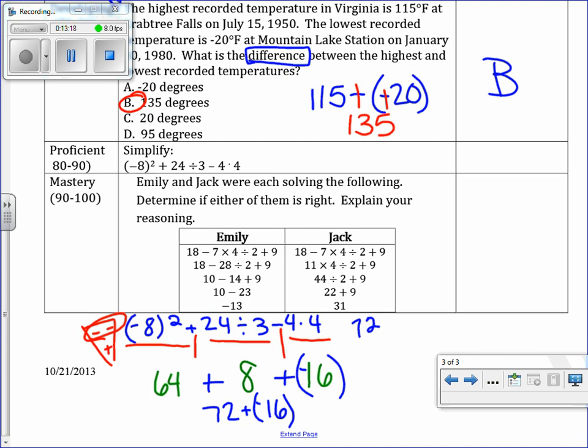And if I'm adding a positive and a negative, I'm actually subtracting. I'm going to have to borrow 1 from the 7, change that to a 6, make that 12. 6 from 12 is 6, and 1 from 6 is 5. So I get 56, and I have a positive 72, negative 16. So my answer is going to be a positive 56.